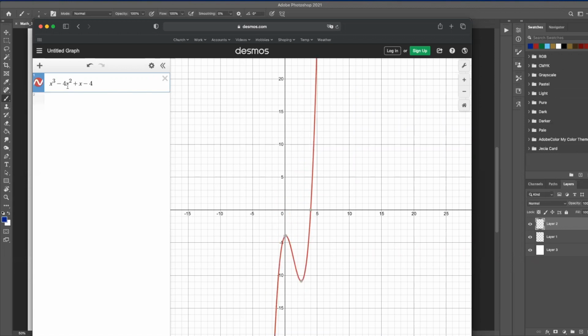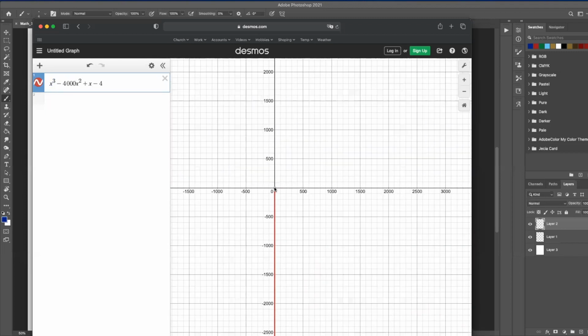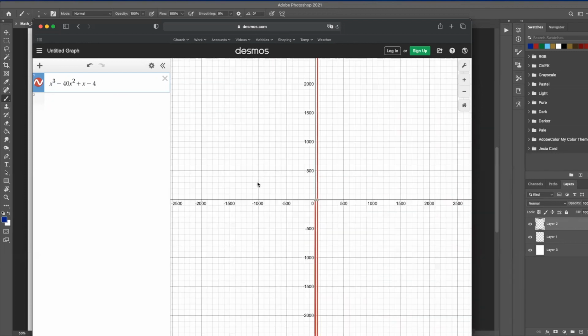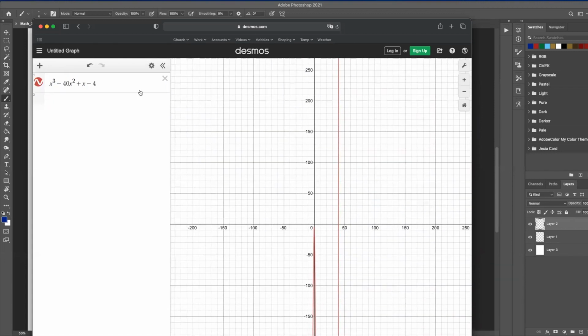Okay, so notice as numbers get larger and larger, whatever is the highest power will dominate, right? It will dominate, even if this is minus 4,000. Here at the minus 4,000, it looks like it's completely winning. I may have to zoom out, but notice here, all of a sudden it just changes and goes whoosh, and zooms up, right? Let me lessen it a little bit. So it doesn't matter how big that number is, eventually the highest power wins.